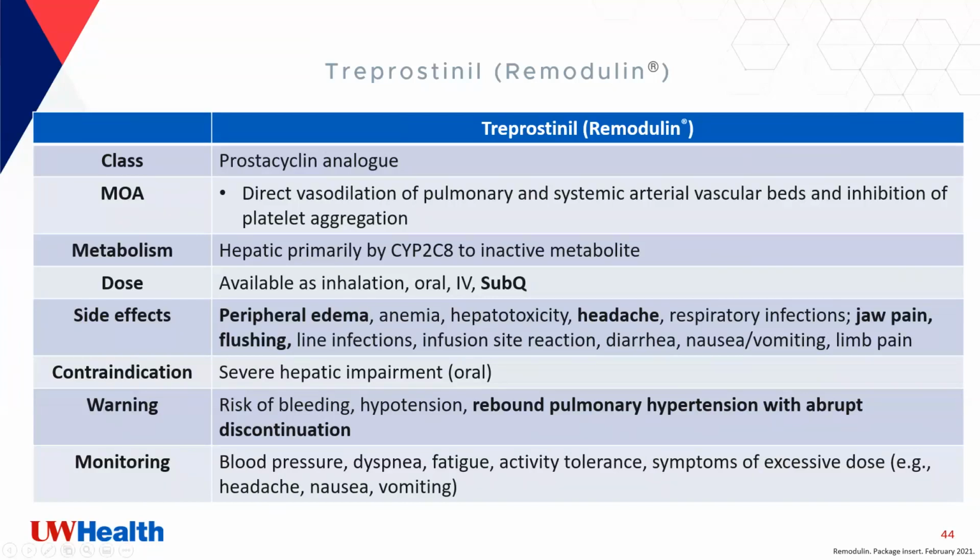This is also a therapy that's more on the expensive side for patients, because it requires a pump and other baseline monitoring and support for patients. And this is also an injectable therapy, so something to consider for these patients when deciding therapy.